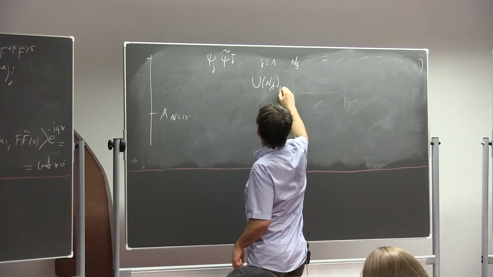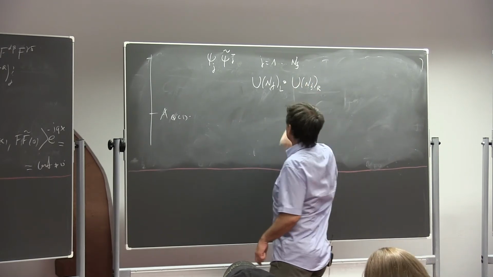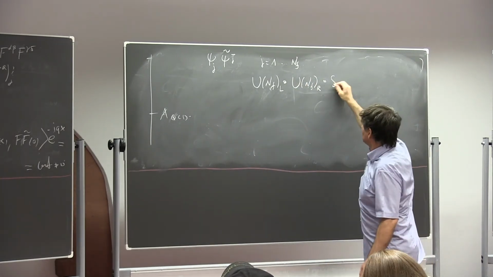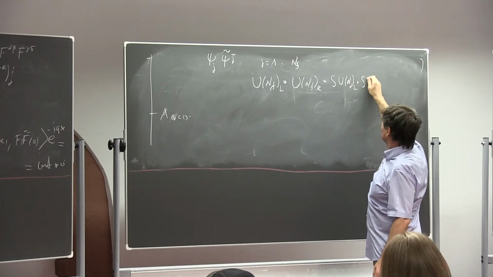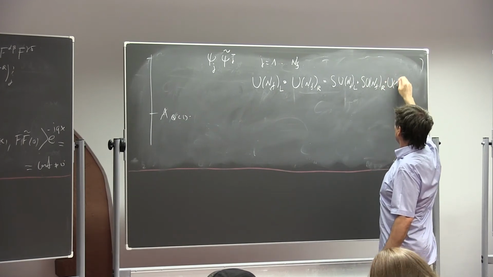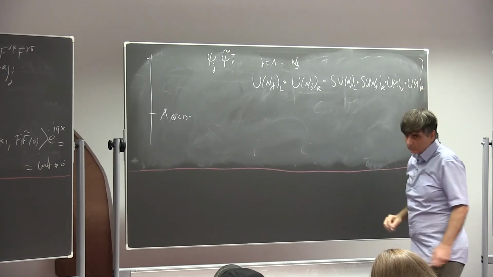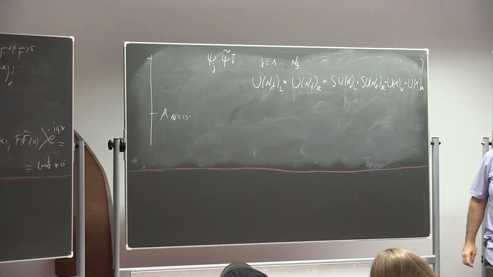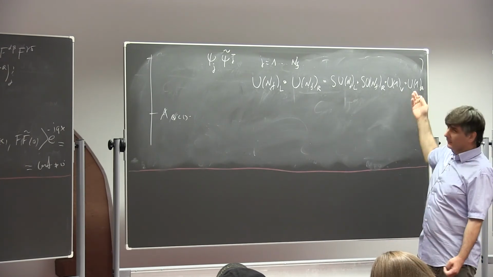Let's call it U(N_F) left, U(N_F) right, or sometimes it's useful to write it as SU(N_F) left, SU(N_F) right, times U(1) vector and times U(1) axial. The SU(N_F) factors are clear, vector and axial are also clear.